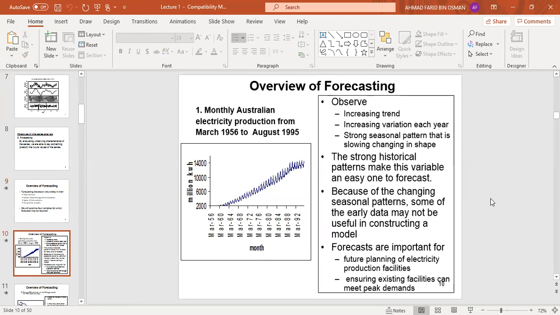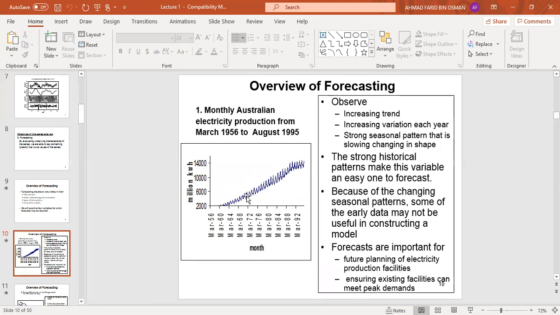The first one is the monthly Australian electricity production from March 1956 to August 1995. You can see the series has a strong historical pattern, a trend, and seasonal variation. Observe there's an increasing trend and increasing variation each year. The magnitude of variation is increasing, and there is a strong seasonal pattern that is slowly changing in shape.